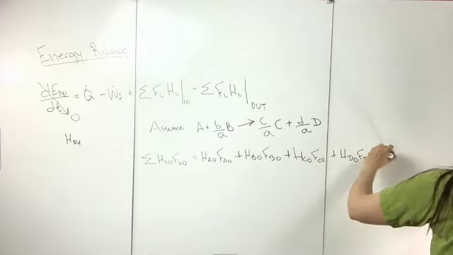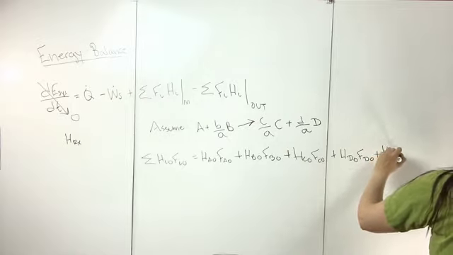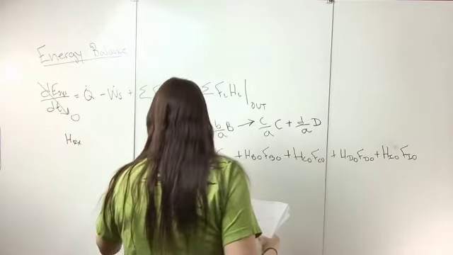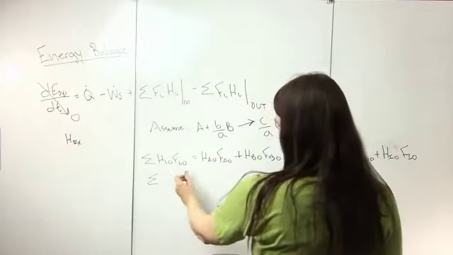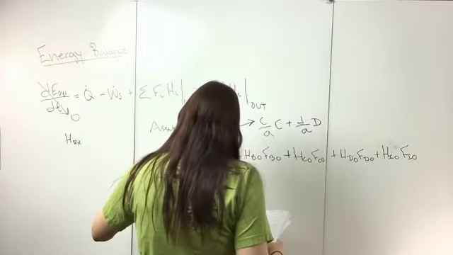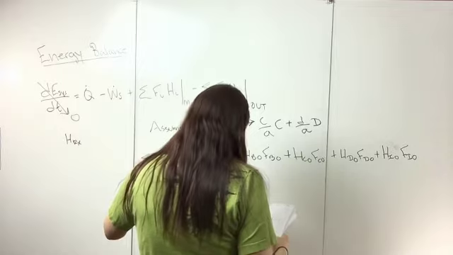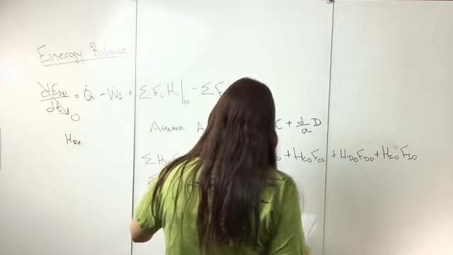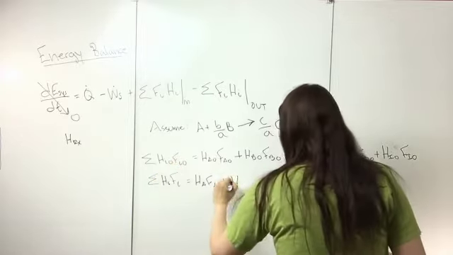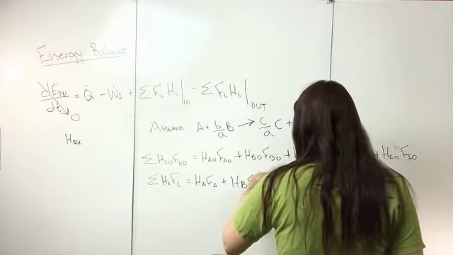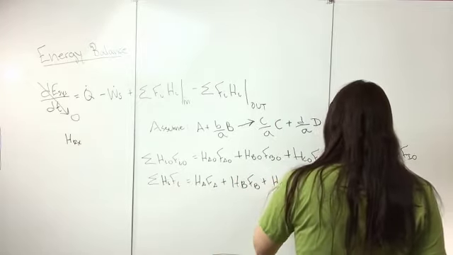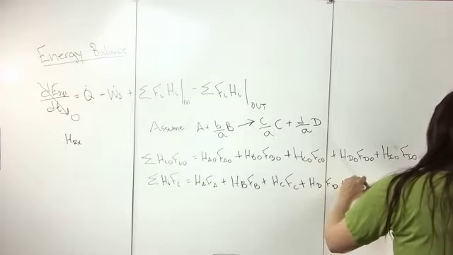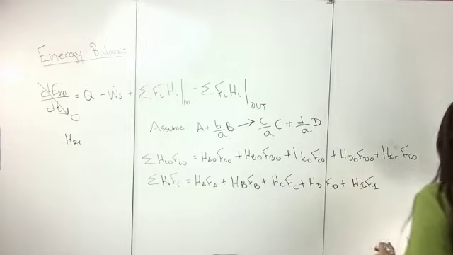So H_I0 F_I0. And then we can do the same thing for the outlet, because that's initial. So F_I is equal to H_A F_A plus H_B F_B plus H_C F_C plus H_D F_D plus H_I F_I.